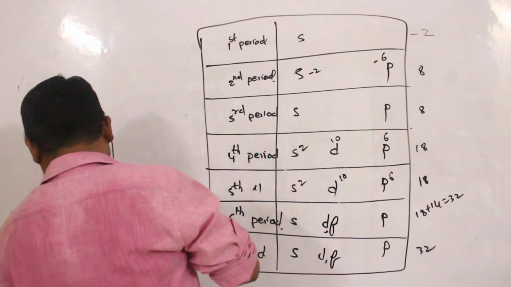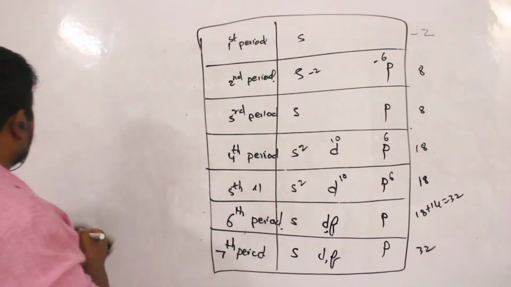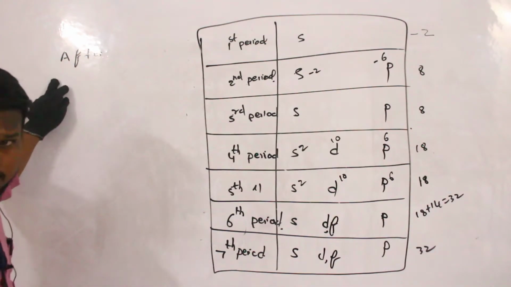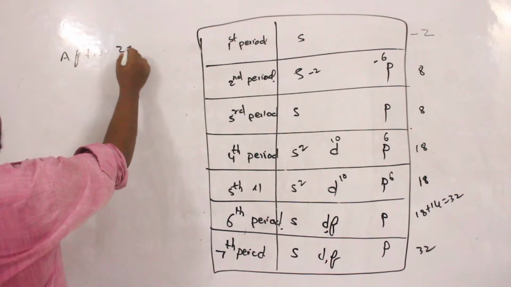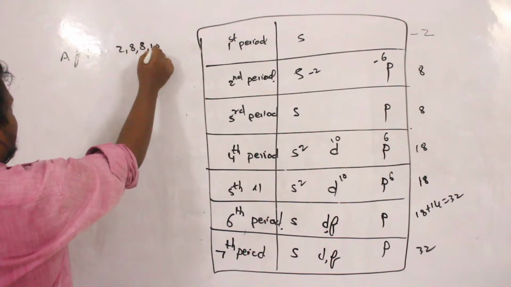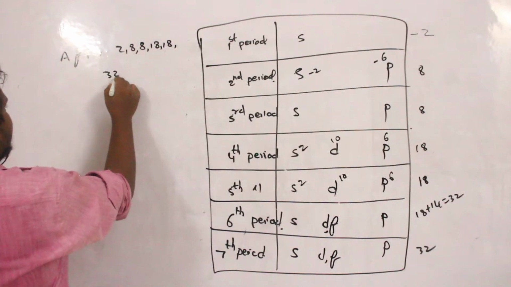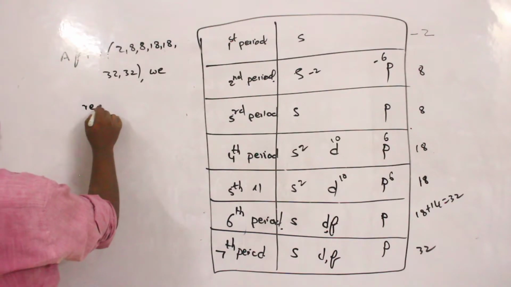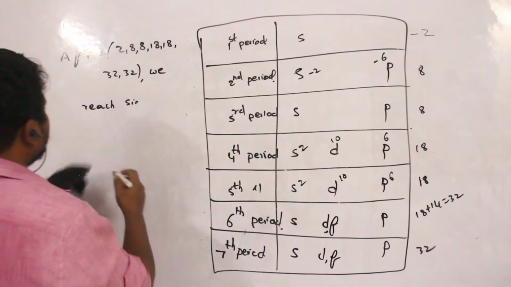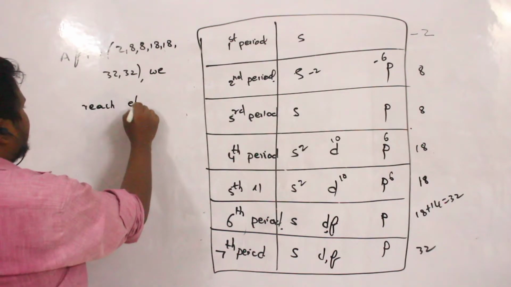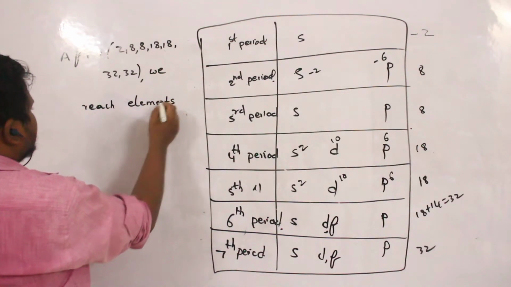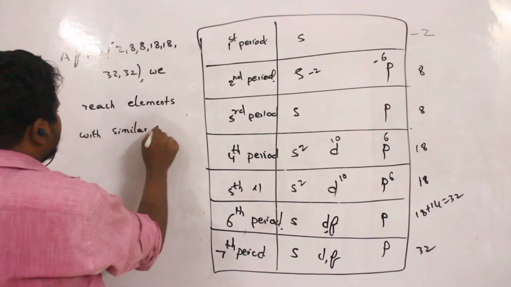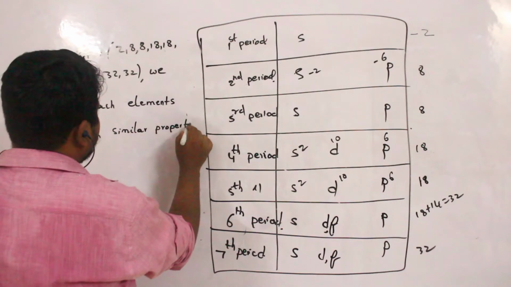So, write down. After 2, 8, 8, 18, 18, 32 and 32, we reach elements with similar properties.